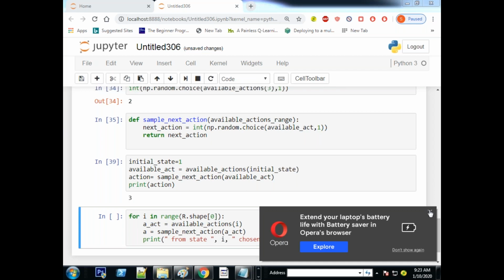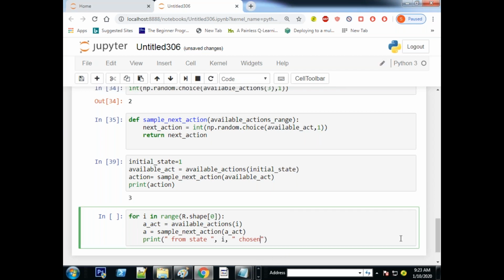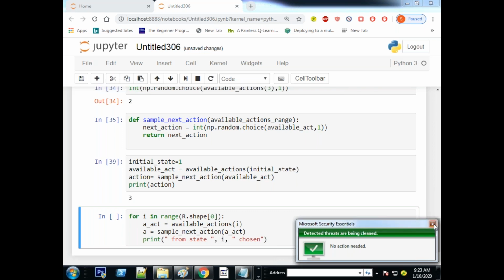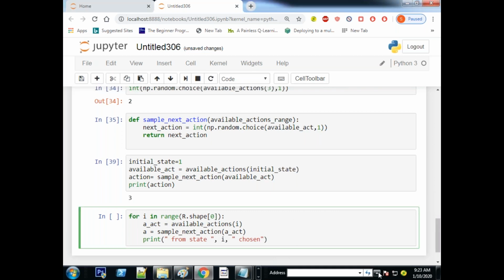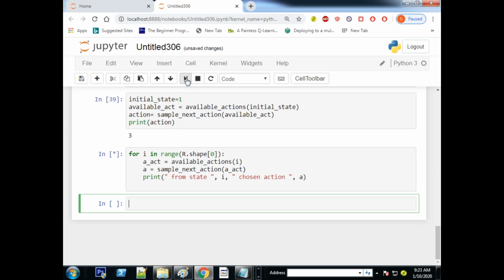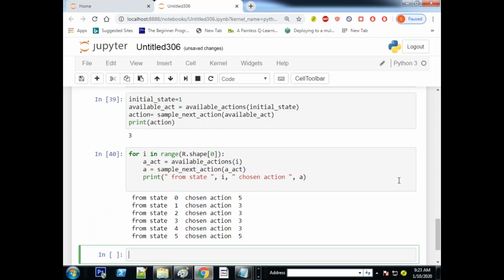So let's up battery. 1 minute, sir. Battery is going to down. Choose an action. Now check the things. In the first shot, from 0 it has selected 5.